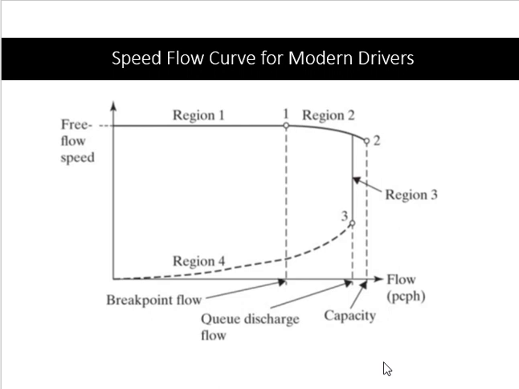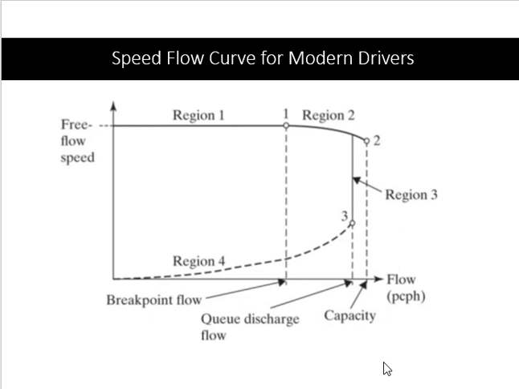This is because of the aggressive nature of the drivers. Until they feel that now I have to reduce the speed, before that they are feeling very comfortable, so they go at high speed. This is what they call the aggressive nature of the driver.